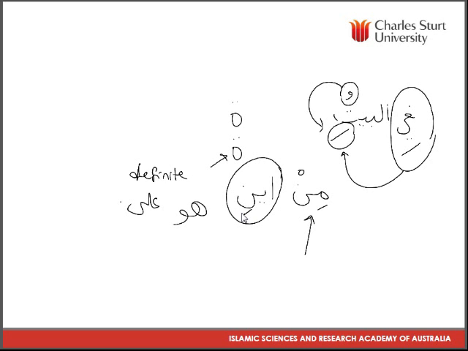Min. What is min? From. It is a harful jar, preposition. Because of min, look at the ending of sin. Minas-sini. Kesra. Not minas-sine, not minas-sinu. It must have kesra because it is prefixed by harful jar.